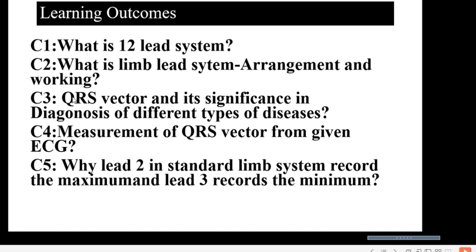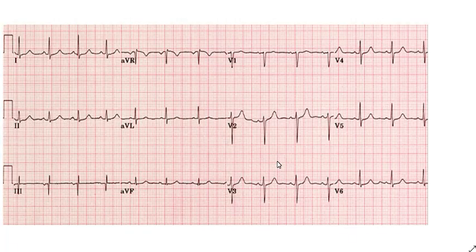The QRS vector is direction. In the 12 lead system, there are 12 leads that can be used to determine the functioning of our cardiac muscles. Three leads, lead 1, lead 2 and lead 3, are called bipolar limb leads.